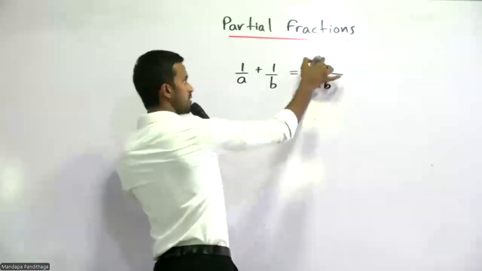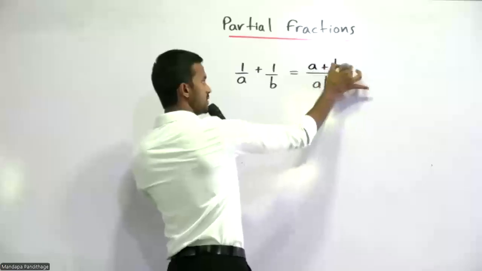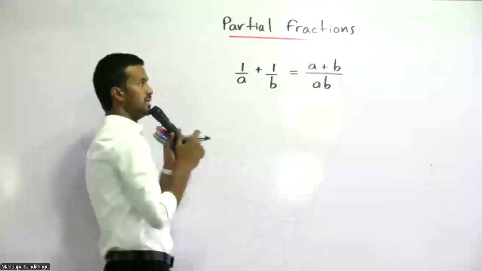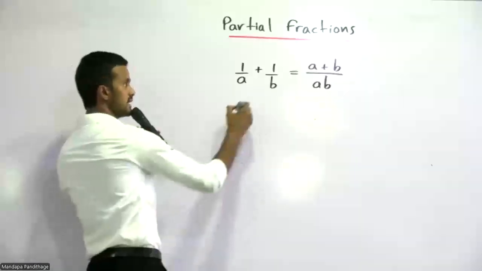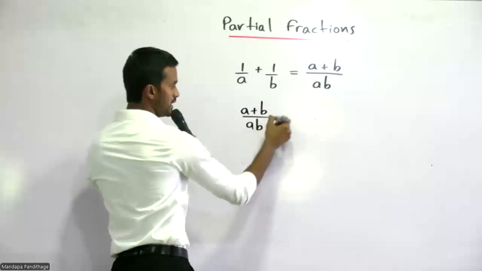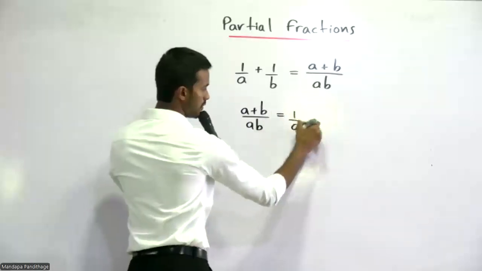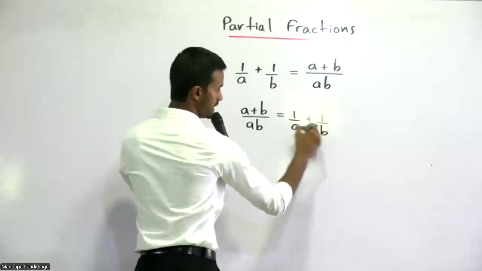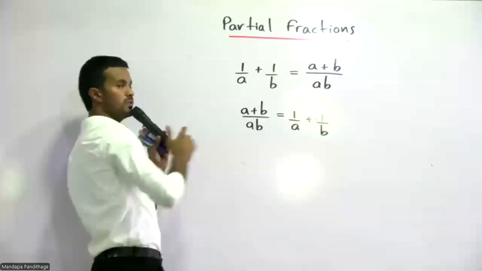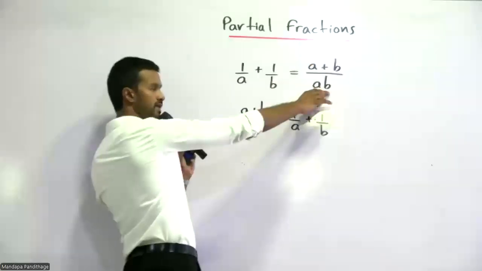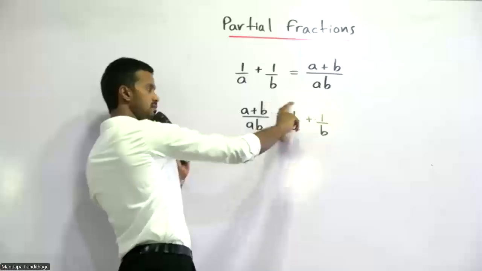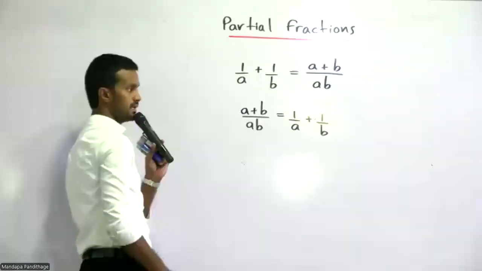You get ab as the common denominator, and the numerator is a plus b. So when you add these two, you get a plus b over ab, which means a plus b over ab is equal to 1 over a plus 1 over b.